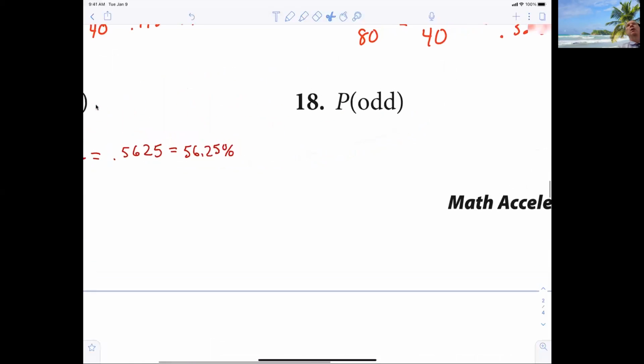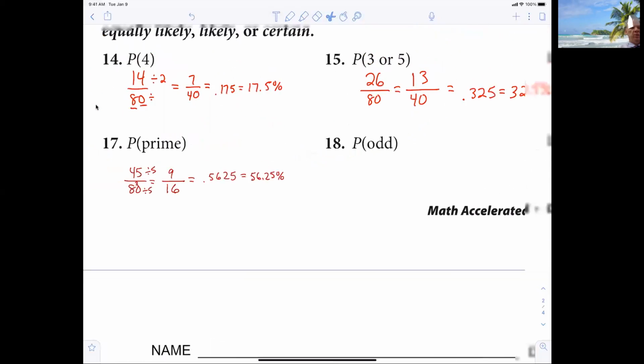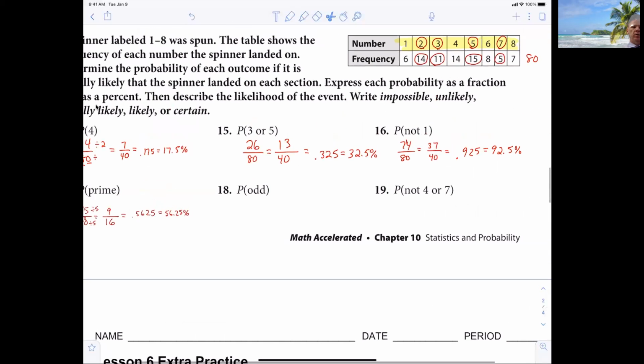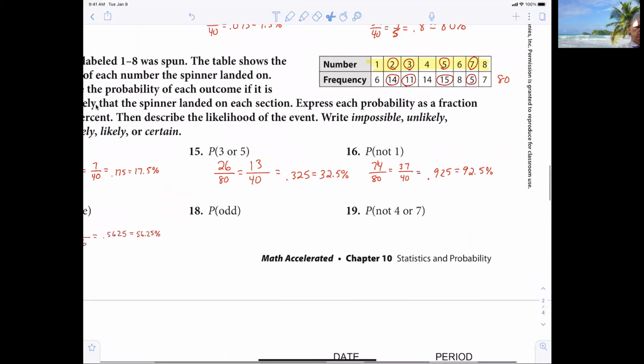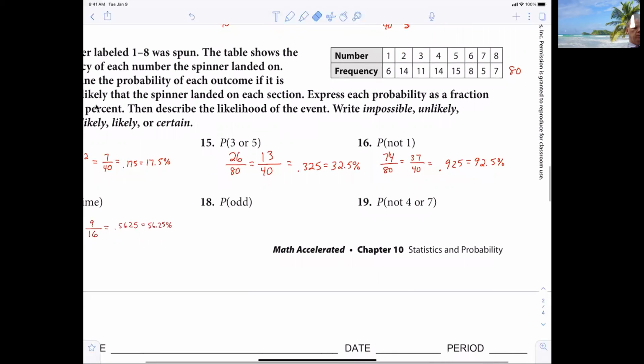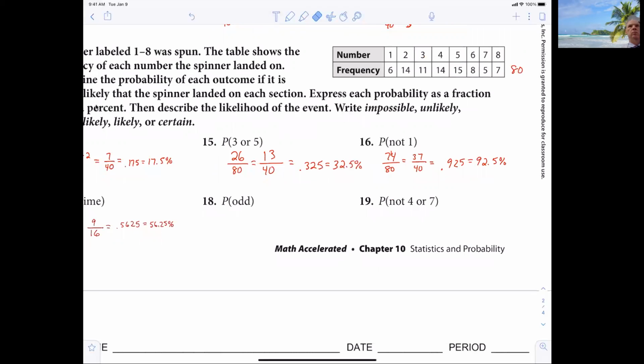All right, Jolie, you're up. What's the probability of getting an odd number here? Yeah, you got to count them up for me. What'd you get?